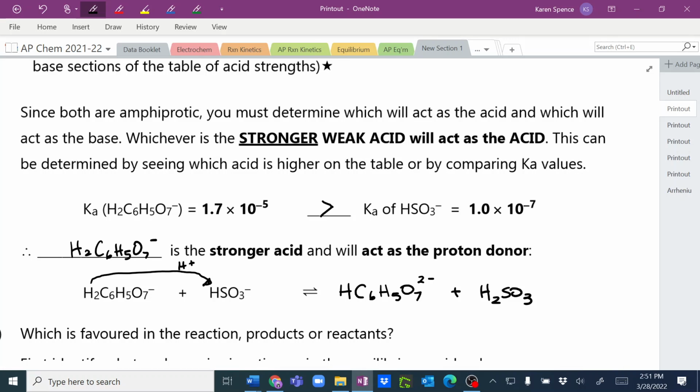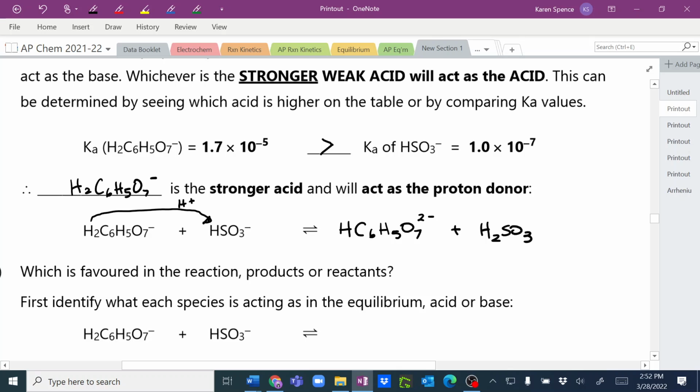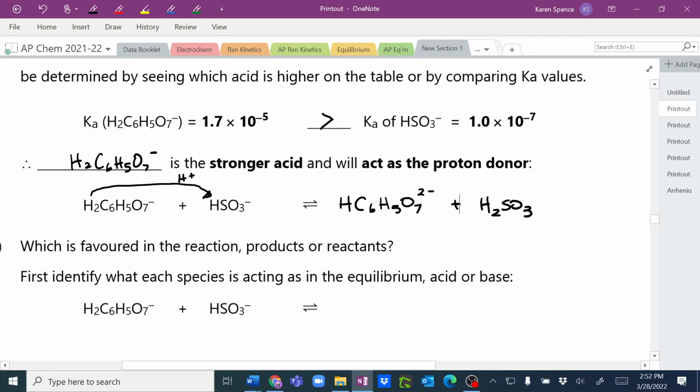So if you're given two amphiprotic substances, you can't just write the reaction right away. You've got to compare. But then you have to do a second comparison, and we'll just rewrite this here. HC6H5O7 2 minus plus H2SO3.